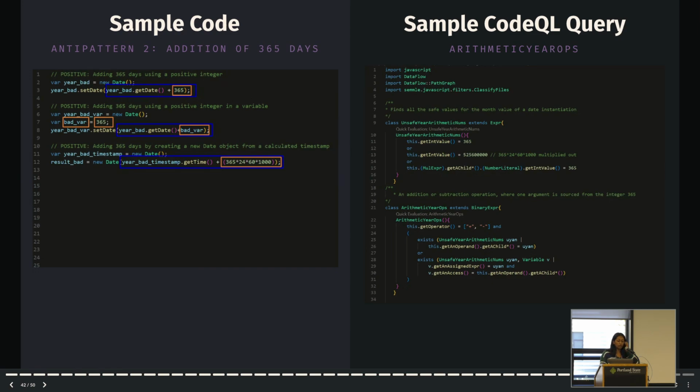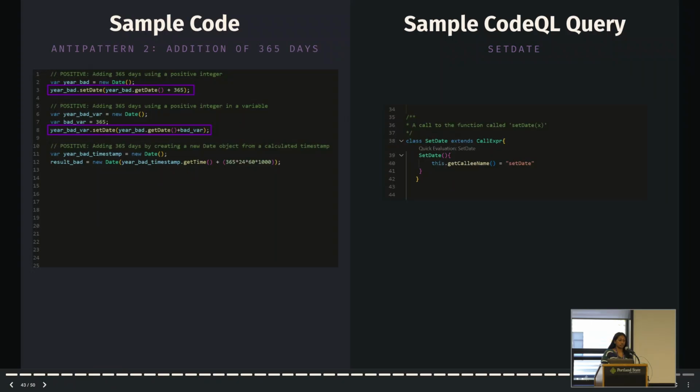The second case is that the unsafe year arithmetic number is stored in a variable. In that case, it looks for the addition or subtraction expression, finds that one of the operands is a variable, and then finds that that variable has one of those unsafe numbers stored in it. Using this ArithmeticYearOps class, we can find any of the possible sources of this sample code as seen with those blue highlighted boxes. And you can see how the orange kind of goes into that blue.